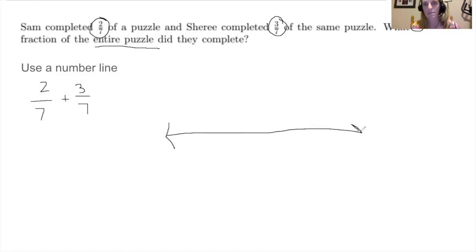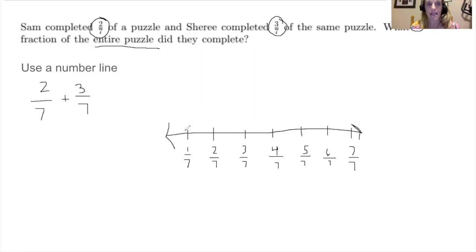What's my number line going to be split into? Sevens, because my denominator is 7. 1/7, 2/7, 3/7, 4/7, 5/7, 6/7, 7/7, which is one whole.